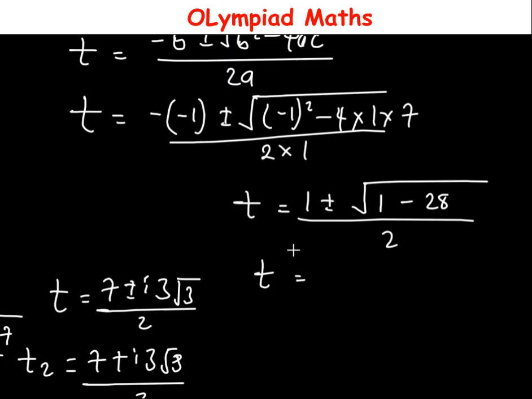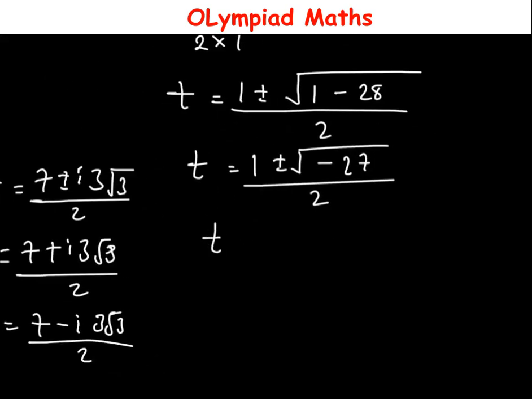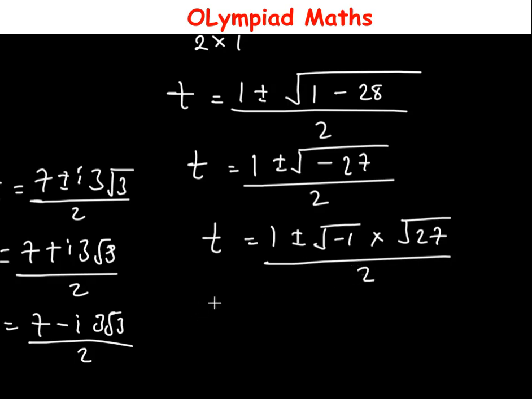So t is then equal to 1 plus or minus square root of 1 minus 28, which is minus 27, all over 2. Root minus 27 can be written as root minus 1 times root 27. Root minus 1 is i, and root 27 can be written as root 9 times 3.